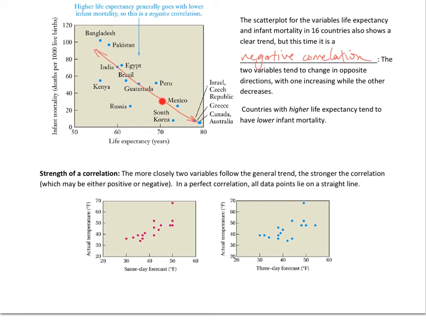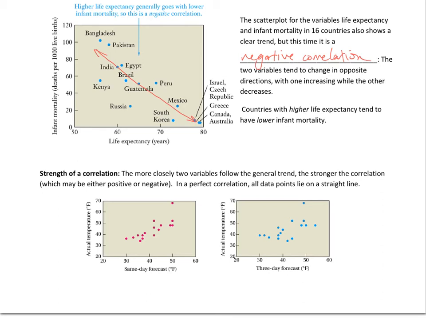As I move up, you can see the infant mortality rates are getting higher and the life expectancy is getting lower. So while infant mortality rates increase, the life expectancy decreases. So they're moving in different directions.